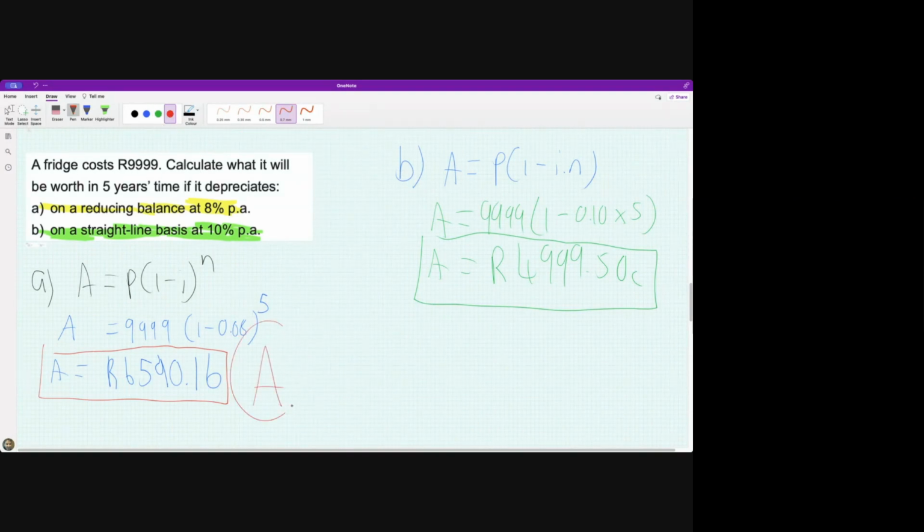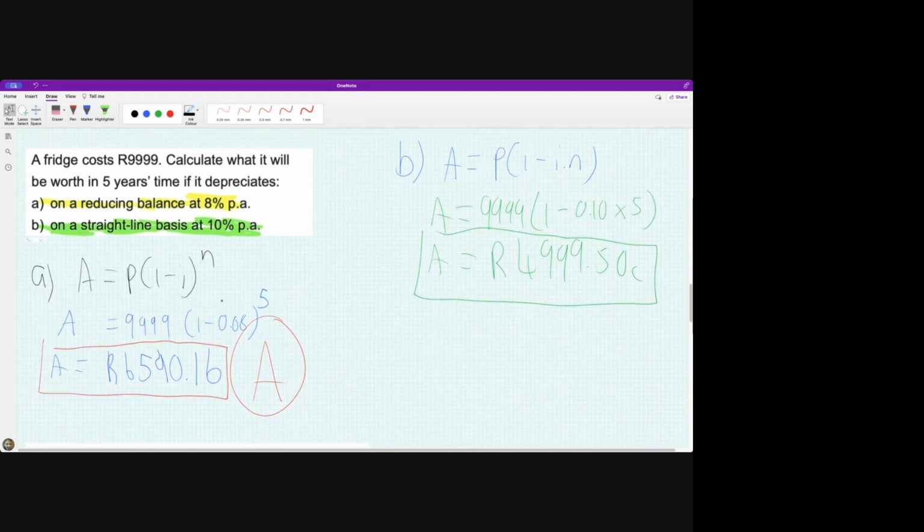So if they asked you an interpretation question and you say the fridge in A is worth more because the number is bigger, okay. If they said to you, here's a clever question, how much depreciation has there been in A? How much depreciation has there been in B?